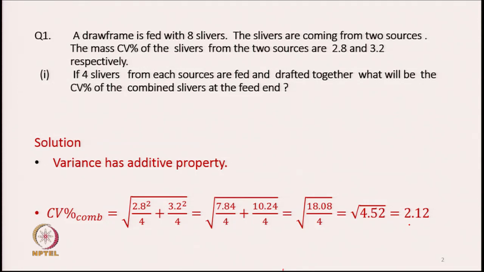Hence, while we are combining these 8 slivers at the feed point, the combined sliver CV is coming to be 2.12.